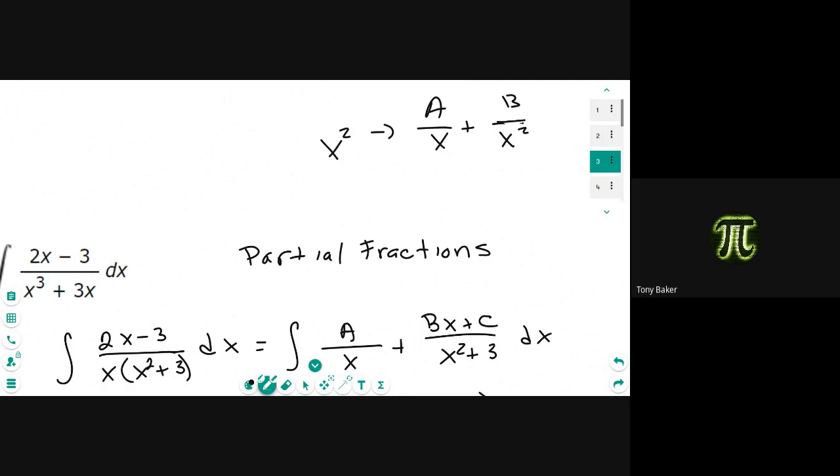The same thing is true when you have multiple factors. If it was x plus 3 to the third, it would be ax plus b over x plus 3 to the third, cx plus d over x squared plus 3 to the second, and so on and so forth. You are not going to have one that long. Don't worry. It will be no more than 4 letters.